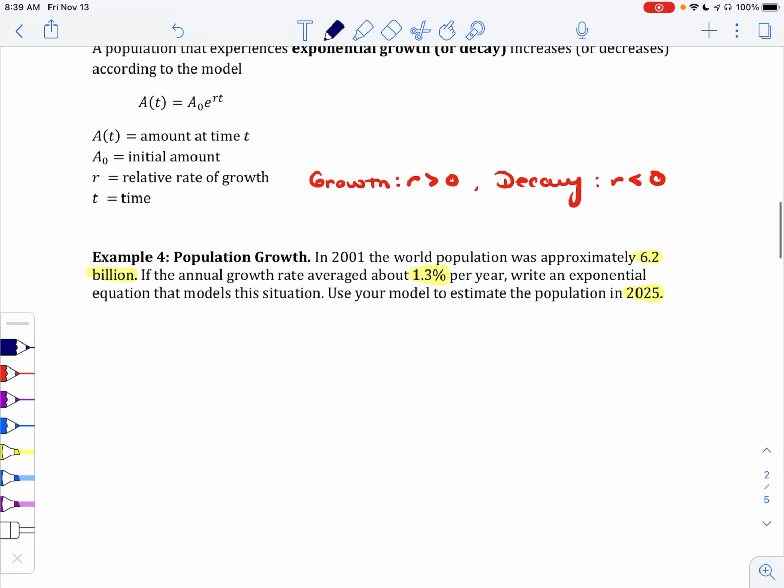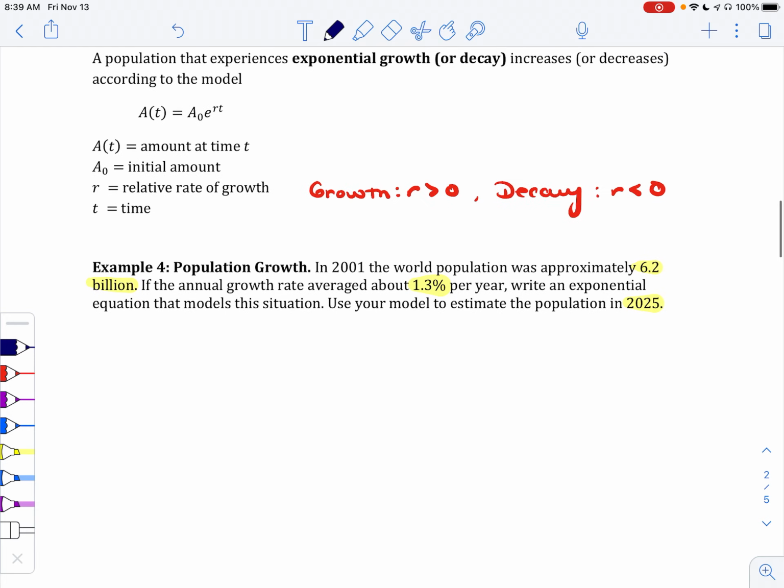Okay, so let's think about what we have here. It said that in 2001, the world population was 6.2 billion. So that's our starting value. That's our initial amount. So we know that A naught, or A sub 0, however you prefer to say it, is 6.2.